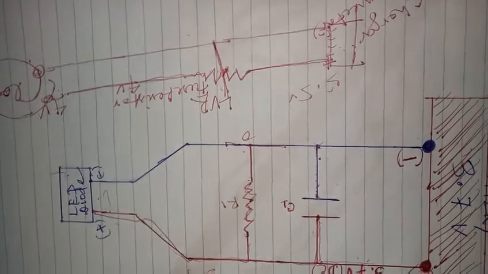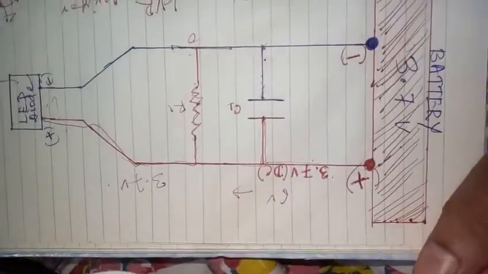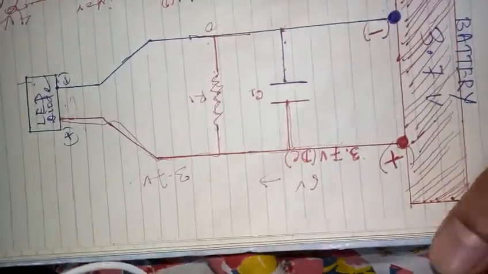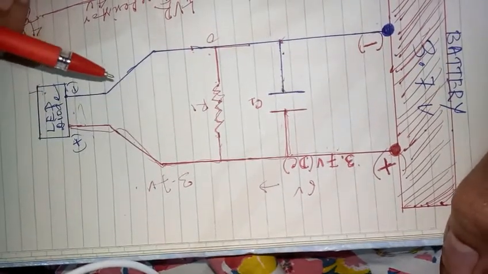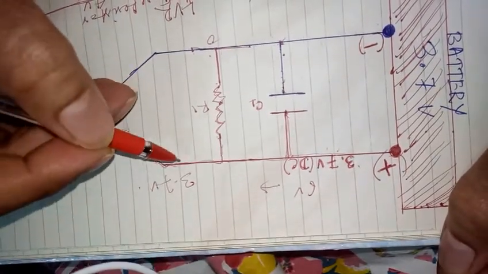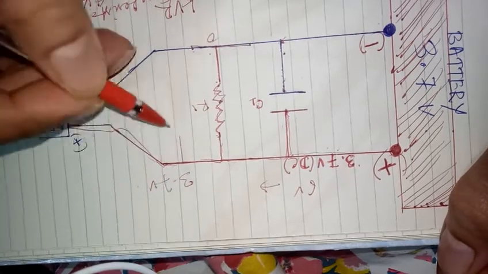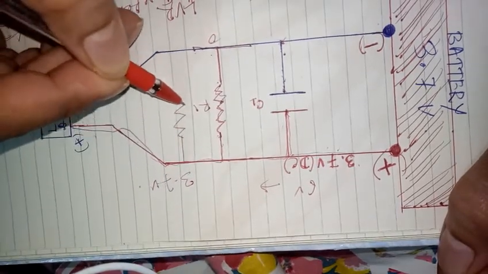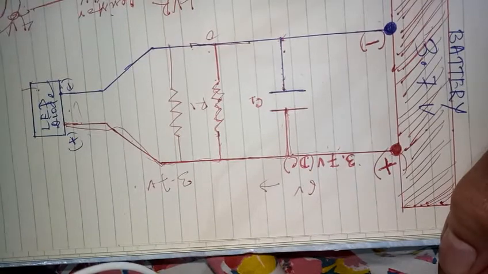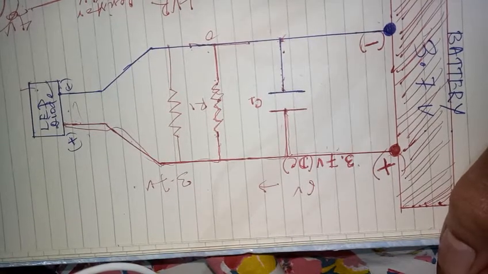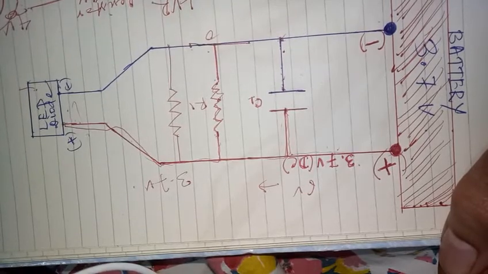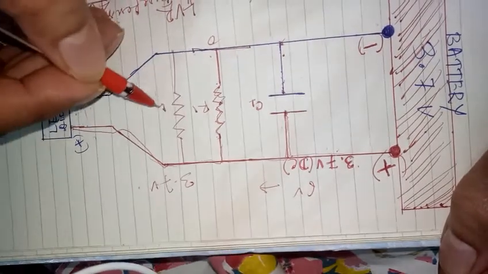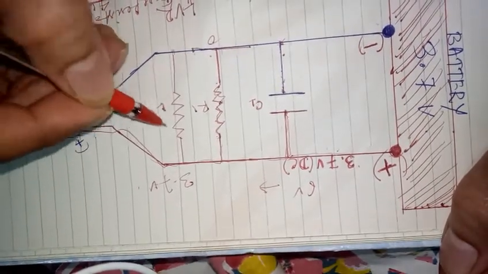So now let's discuss what will happen if we place an LVR resistor in parallel connection. This is an LVR resistor. If we place it in parallel connection, the LVR resistor is never used in parallel connection, because it is R2.